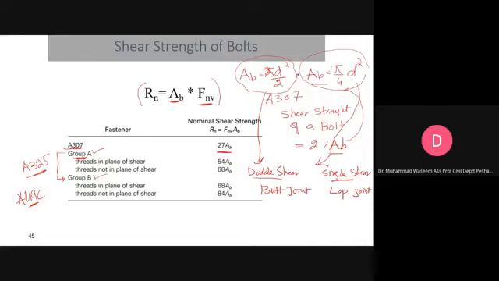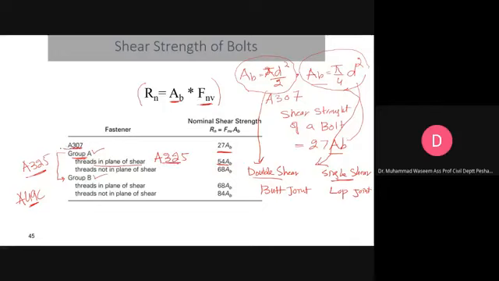If the thread is in the plane of shear, you will use this formulation to compute the shear strength of the bolt. This means A325 bolts, high strength bolts.